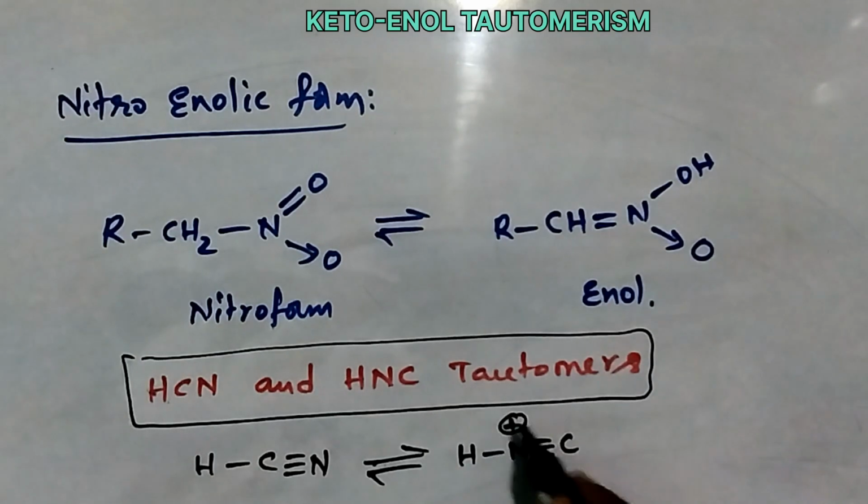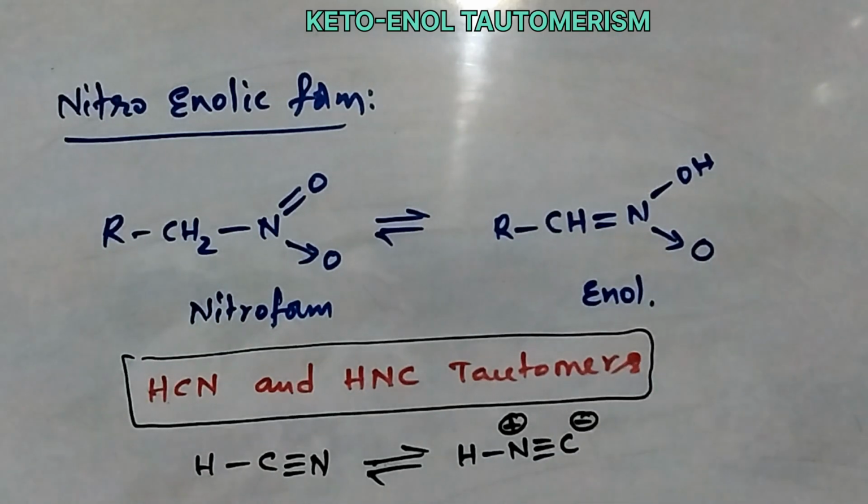See, then positive charge, then negative charge. HCN and HNC both are tautomers. So this is the nitroenolic form and with cyanide.